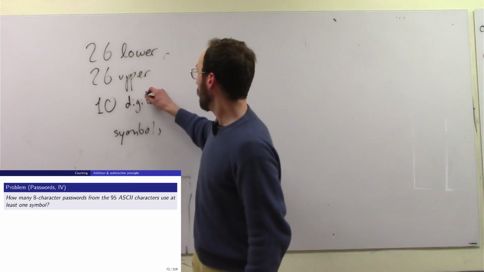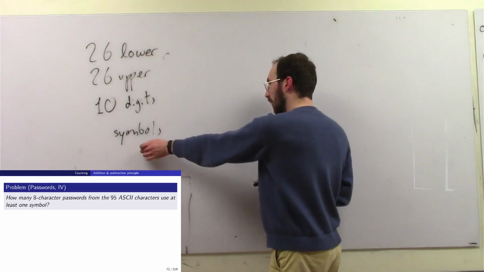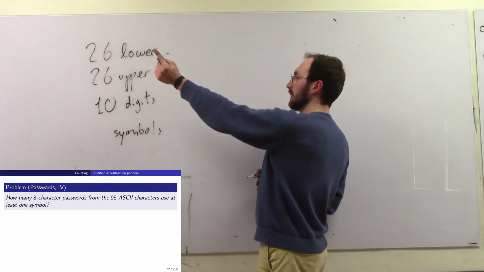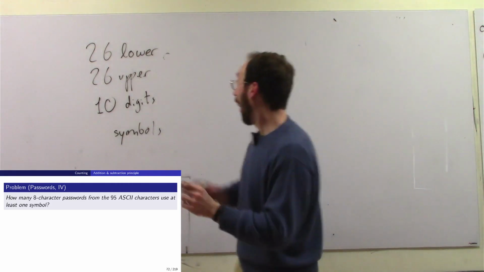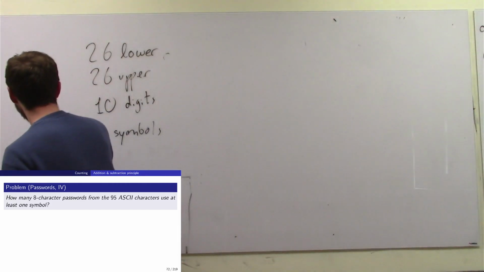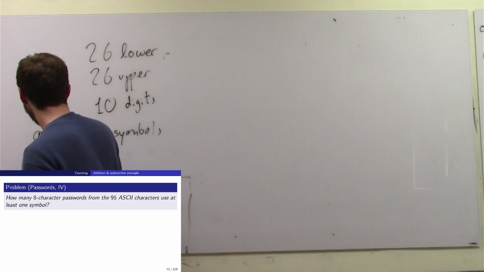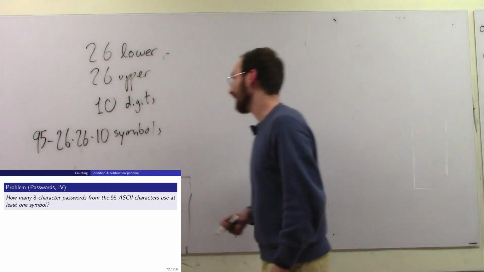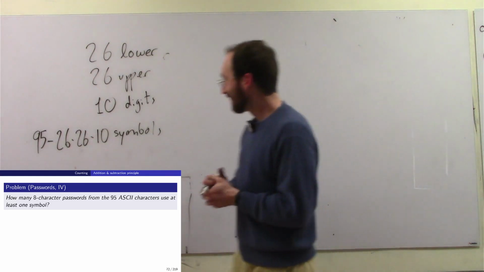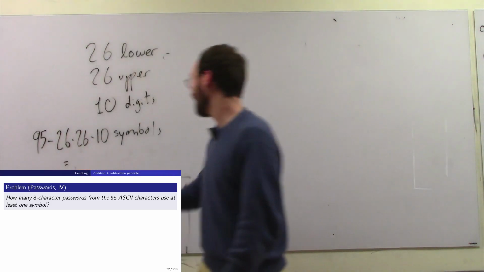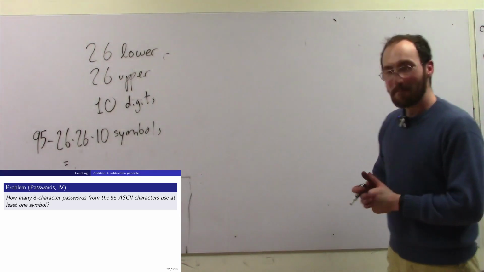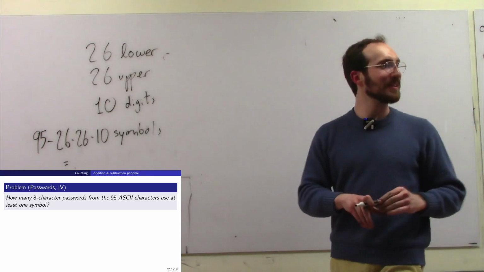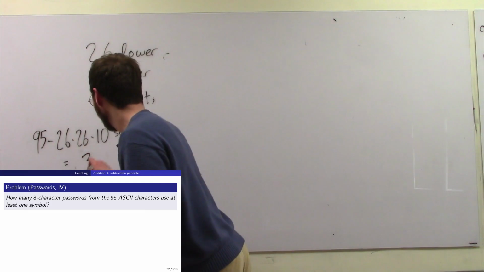And then what remains are symbols. Subtraction principle problem. Perfect. 95 minus 26 minus 26 minus 10. Perfect. And we got a laugh. That's great. Which is the number. How much is it? 33. Thank you, Dan.